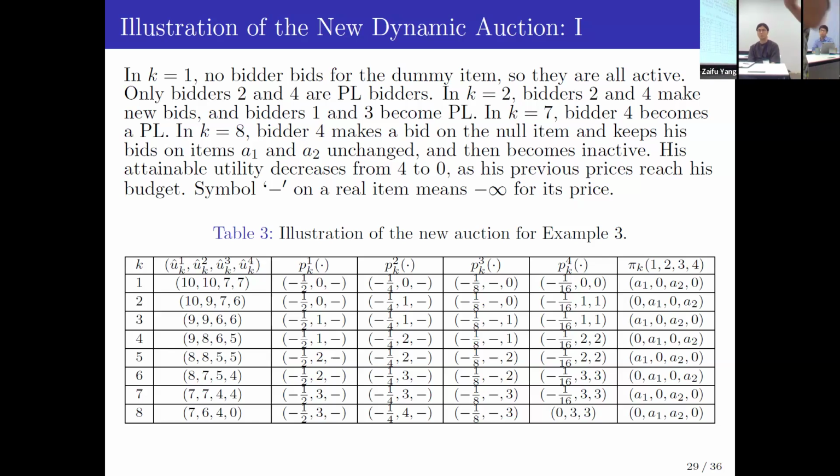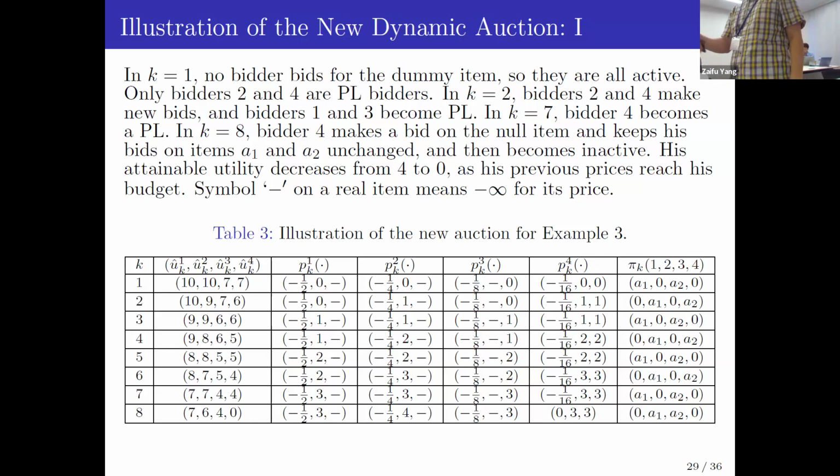Now what the auctioneer does is choose the one which maximizes its revenue according to these numbers. So then you choose to assign A1 to bidder 1 and A2 to bidder 3. This will be the maximum one.